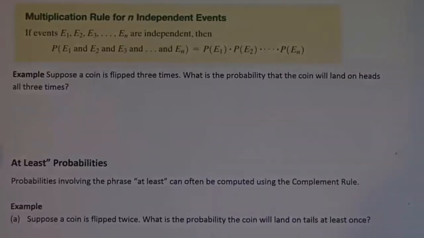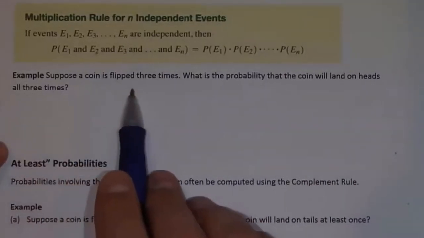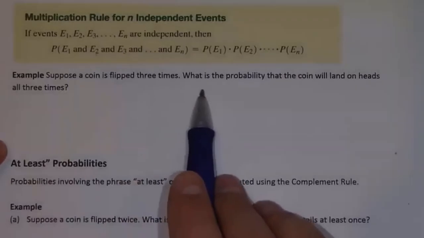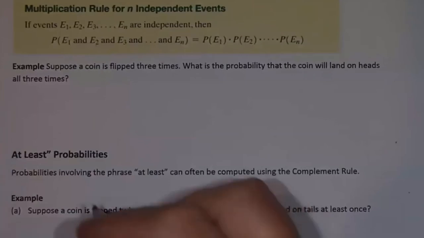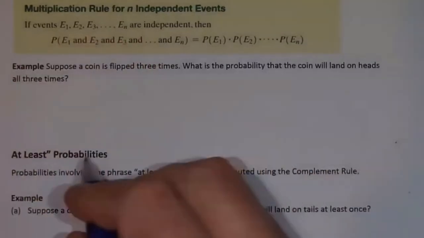So for example, suppose a coin is flipped 3 times. What is the probability that the coin will land on heads all 3 times? So in other words, I'm flipping the coin 3 times.